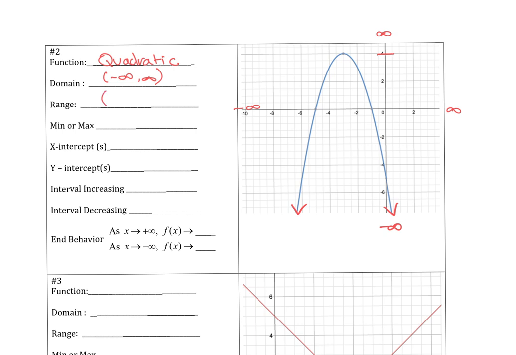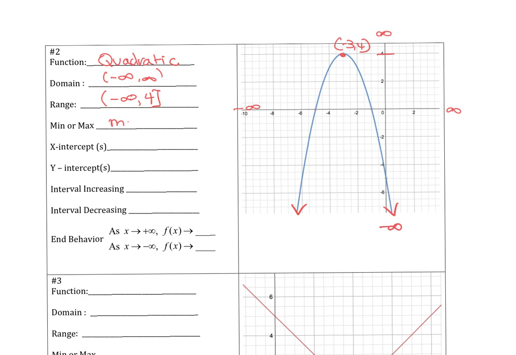When I write my range, it's always smallest to largest. So it's negative infinity to 4, and I'm going to put a bracket at 4, because this particular function's graph exists at 4, and this coordinate looks like (-3, 4). That brings me to my min or max.